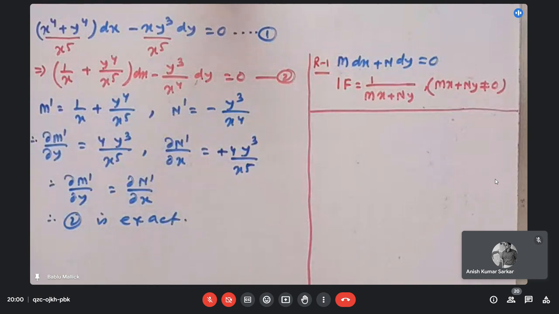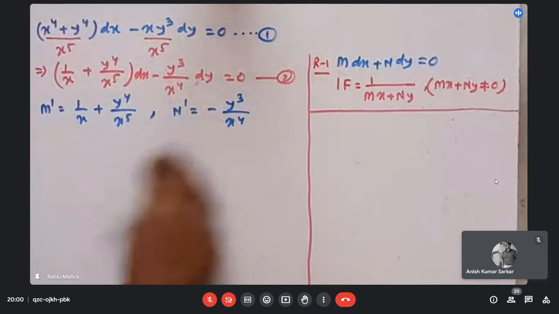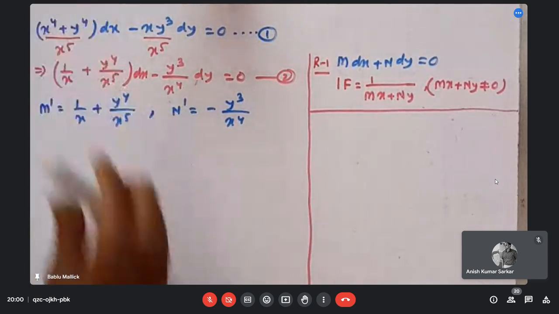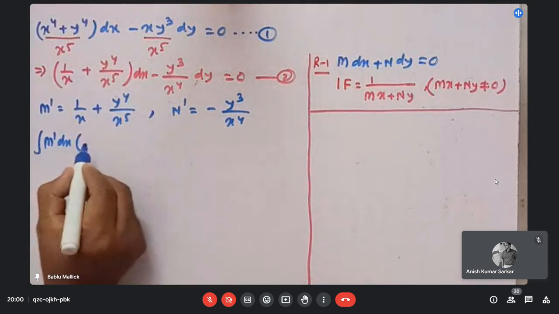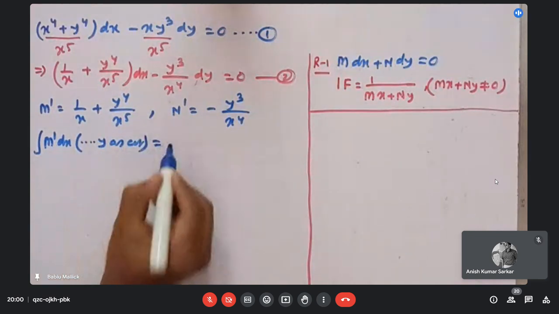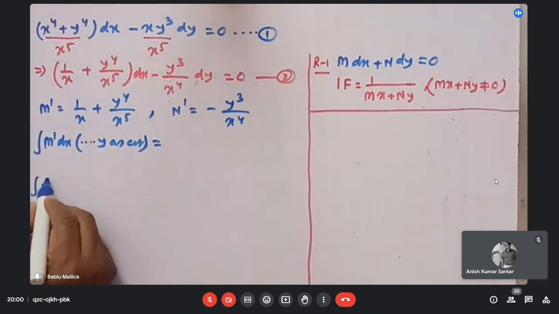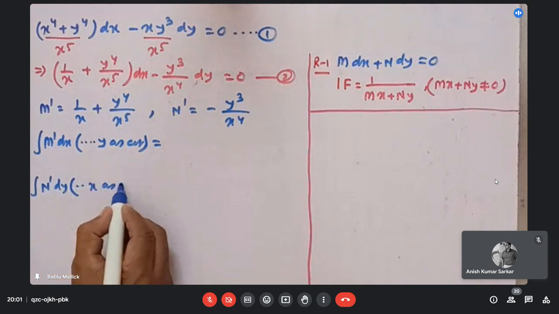Equation 2 is exact. Now we shall integrate. Integrate M dash dx, taking y as constant, and integrate N dash dy, taking x as constant.